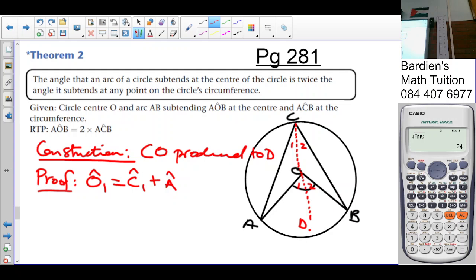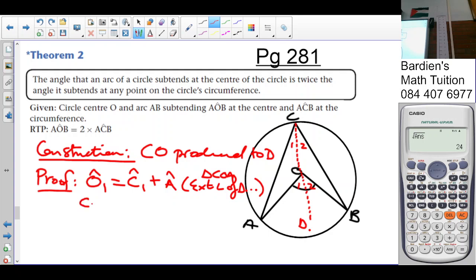Yes, it's going to be the exterior angle of a triangle. Exterior angle of a triangle equals the sum of the two interior opposites. Making the dots there suffices for exterior angle of triangle is equal to sum of the two interiors. Normally we name the triangle that it is the exterior angle of, as triangle COA. You don't have to write that.